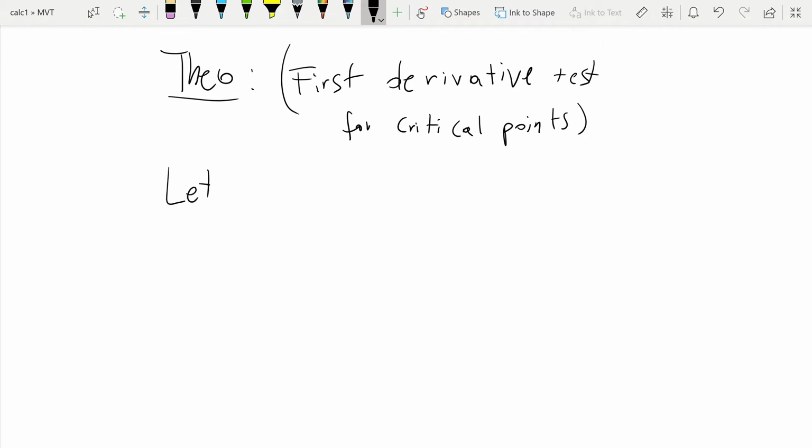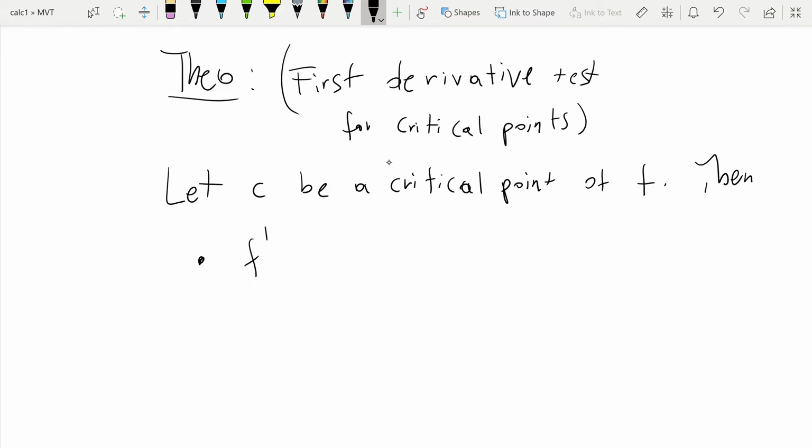So let's start with a critical point. Let c be a critical point of a function f that is defined in some interval. Then the conclusion here is that there are two situations where we can say something.